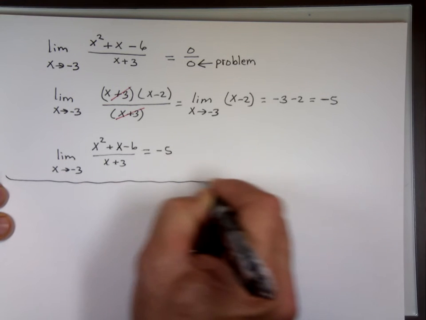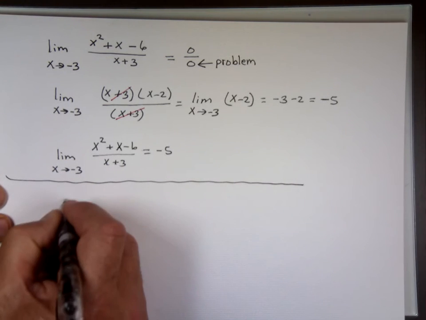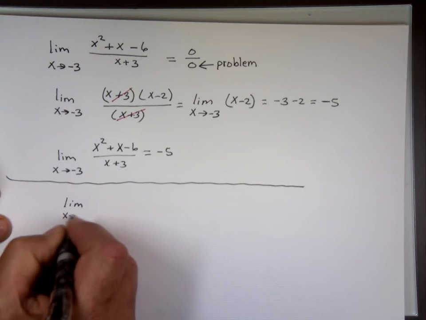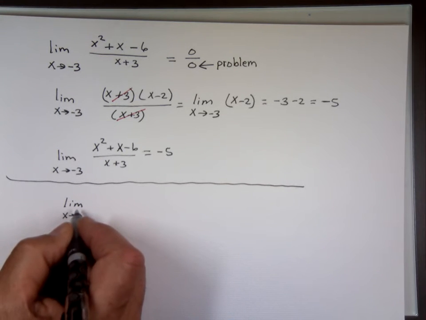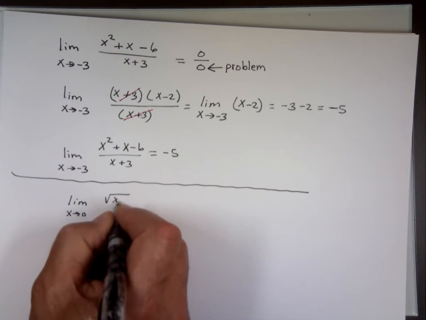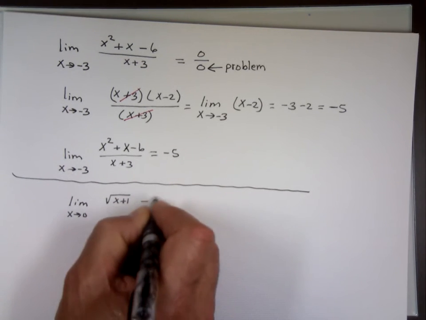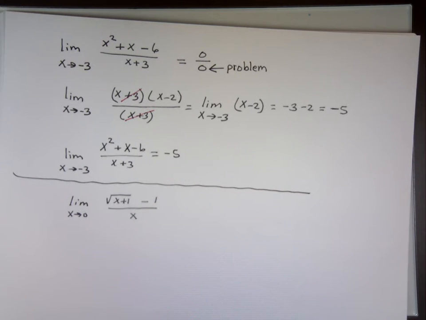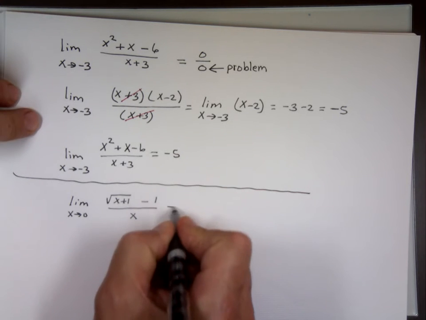The limit, hope I have enough space here, as x approaches 0 of the square root of x plus 1 minus 1 over x. Again, the first step is what? Direct substitution. 0 over 0.